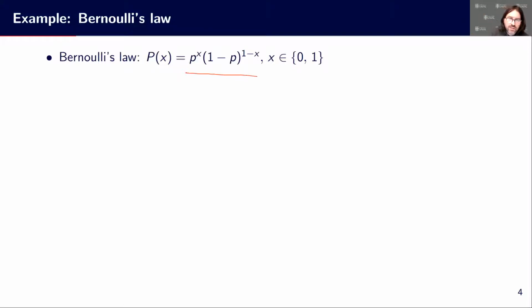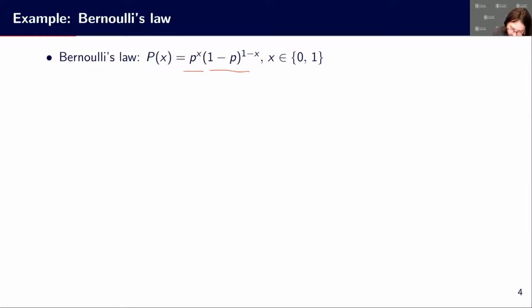So when x is equal to 0, what we know is that something power of 0 is equal to 1. So 1 times 1 minus p at power 1 minus 0, which is power 1. So for x equals 0, this is equivalent to 1 minus p. Conversely, when x is equal to 1, then this is p power 1, so basically it's p.